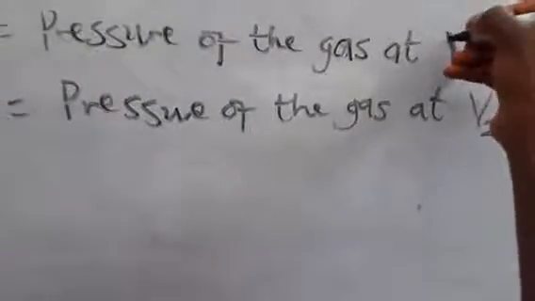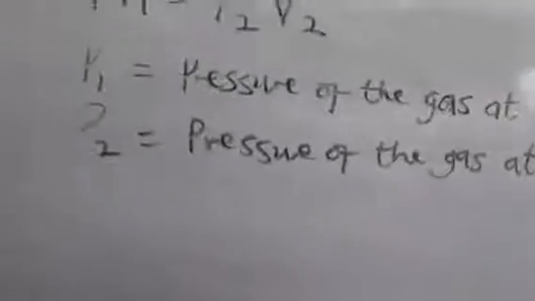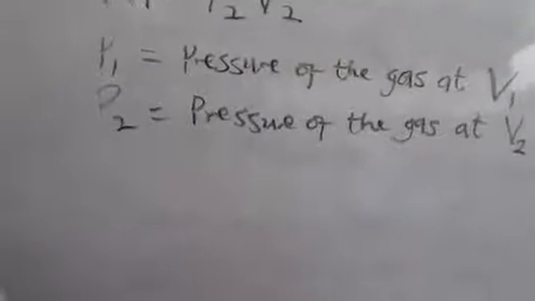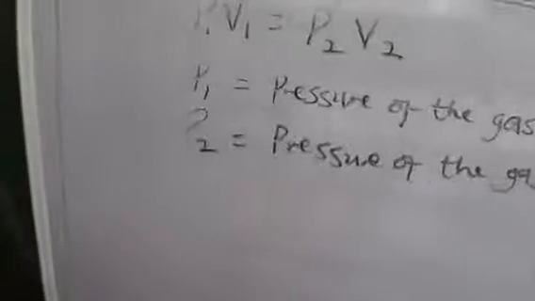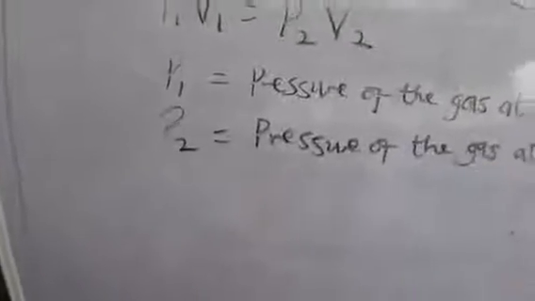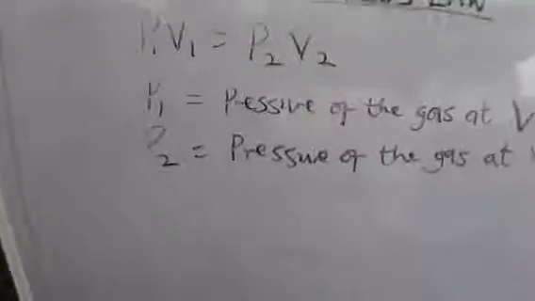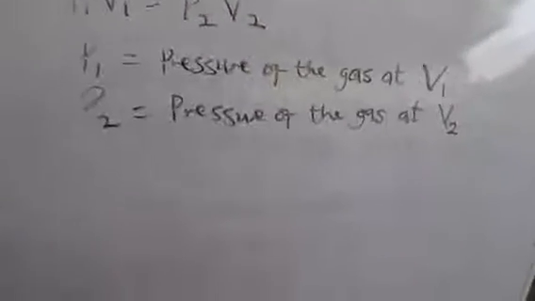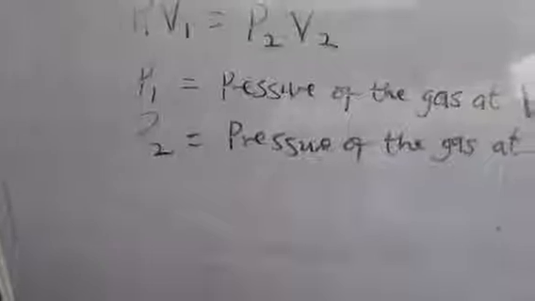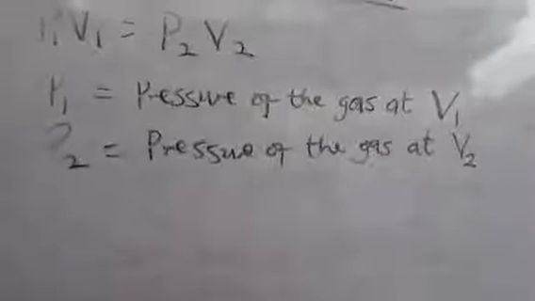Remember, the relationship between pressure and volume, according to Boyle's law, is an indirect relationship. We call it indirect proportionality. So mathematically, you can state that Boyle's law is P1V1 equals P2V2, where P1 is the pressure of the gas at V1 and P2 is the pressure of the gas at V2.